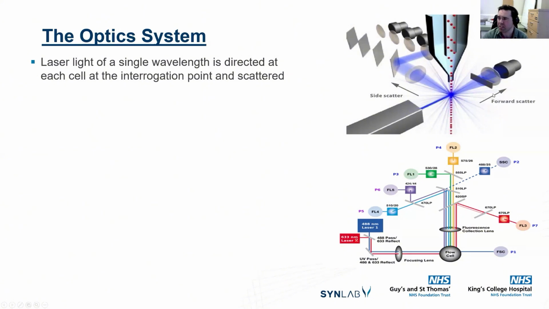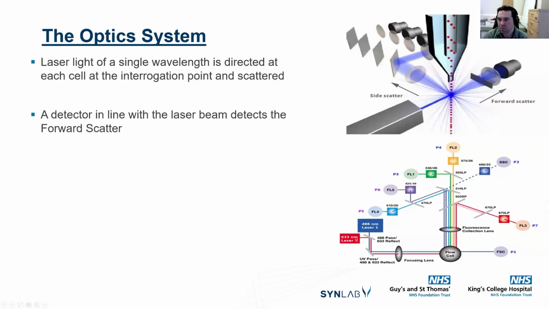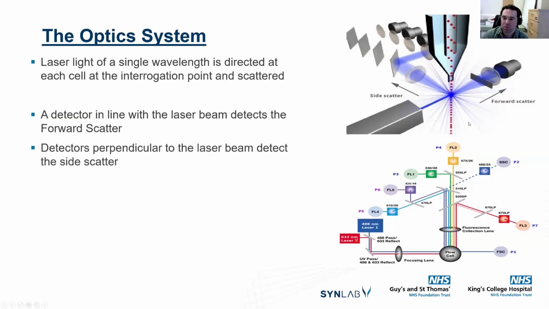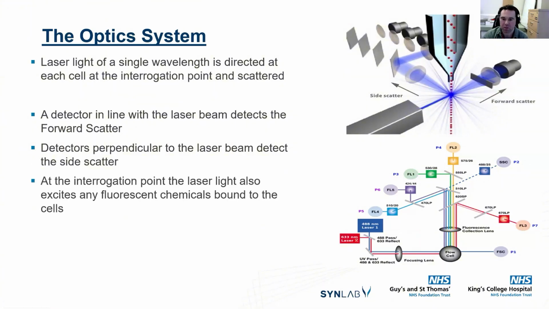Light is scattered in various different directions. So there's a detector which is in line with the laser beam, and that's what picks up what we call forward scatter. And then there's also a detector perpendicular, which we call side scatter. And I'll explain what those are in a minute, the significance of those.